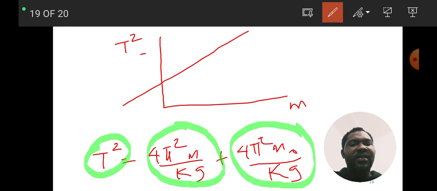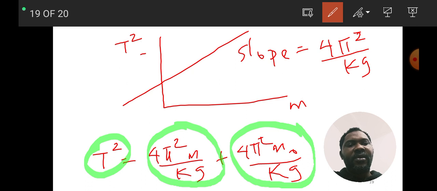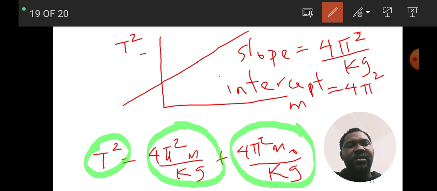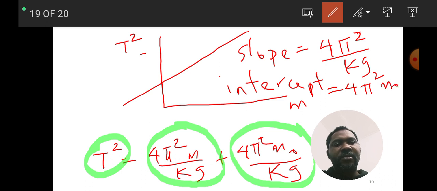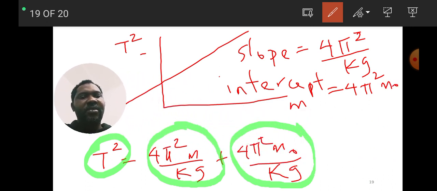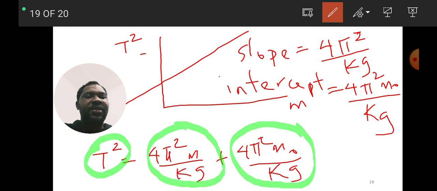The slope of this graph is equal to 4 pi squared over kg, then the intercept is equal to 4 pi squared m naught all over kg. This is the solution for that problem.